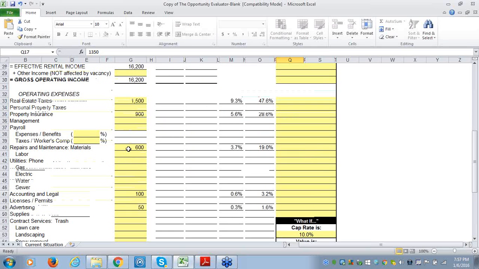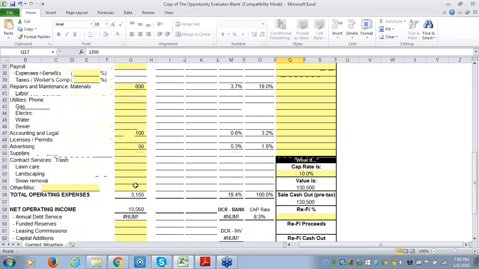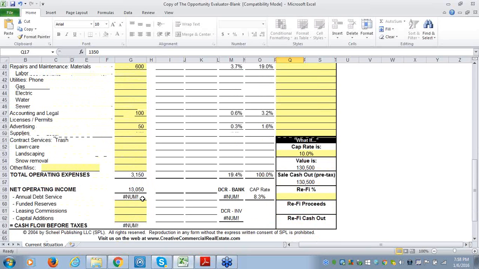So let's say maintenance repairs, let's keep 600. Legal, advertising, let's keep those. So annual debt service, there is no annual debt service. All right. So now you see your cash before taxes is the same as your net operating income, $13,050, and you have no debt coverage ratio, okay, because you have no debt. Your cap rate on this one, Kelly, is 8.3%.